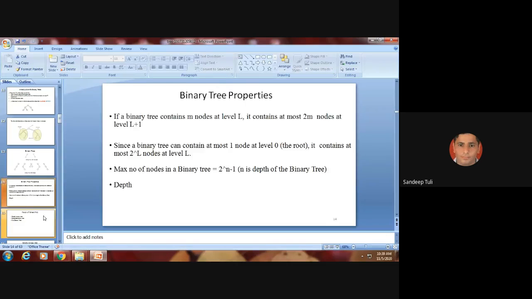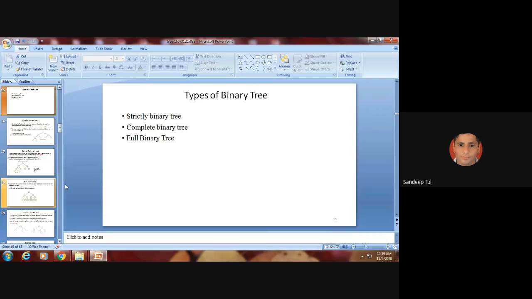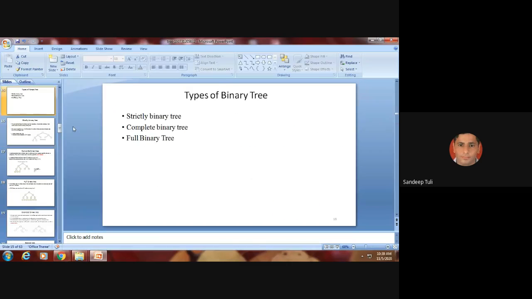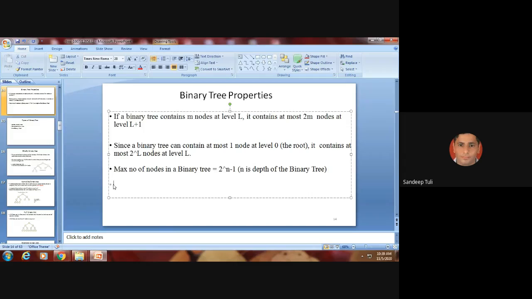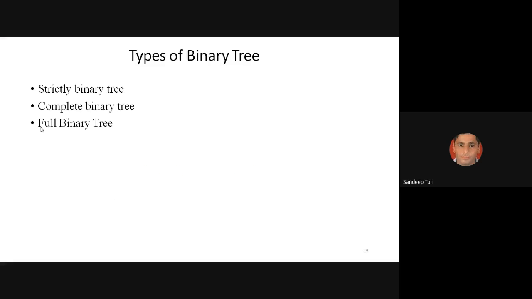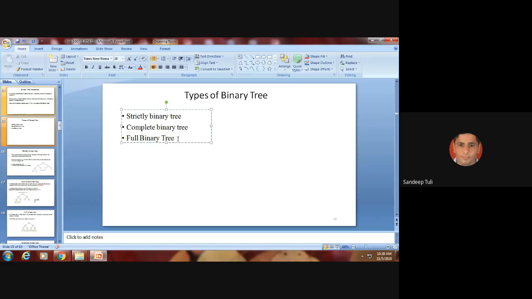Okay, now coming to the types of binary tree. Types of binary tree, again it is very important. Strictly binary tree, complete binary tree, full binary tree. I forgot to write two here.